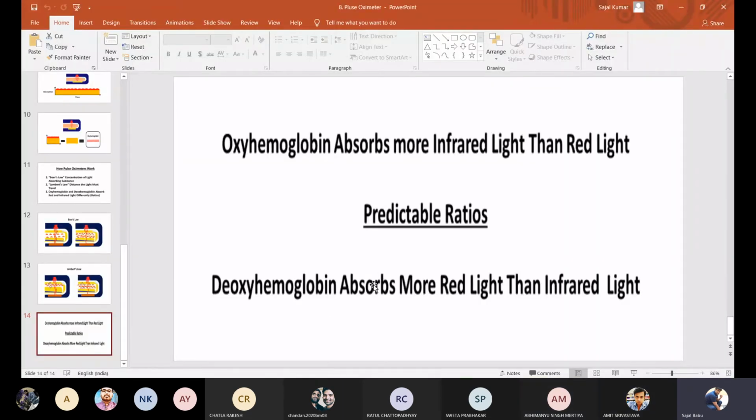Now I want to show you the other waveform and a formula for how the pulse oximeter calculates the oxygen percentage, because on the device you are going to see a percentage like 95, 96, 97. Remember that a patient is considered healthy only when the oxygen saturation is greater than 95%.